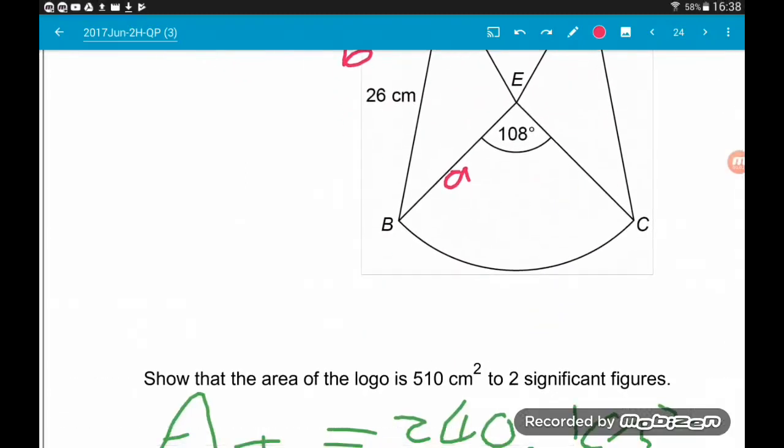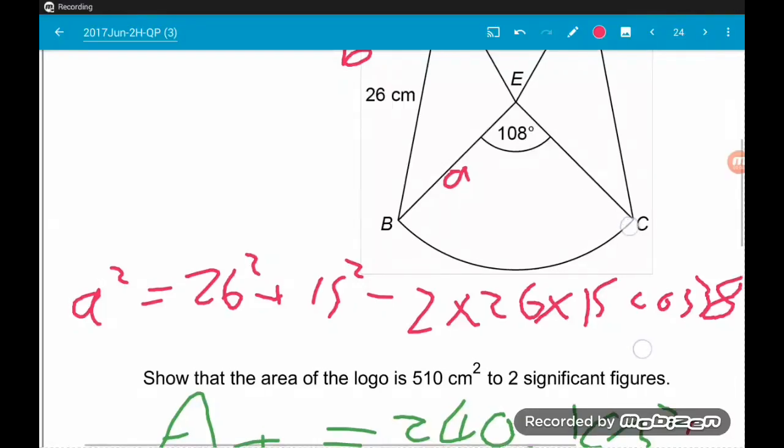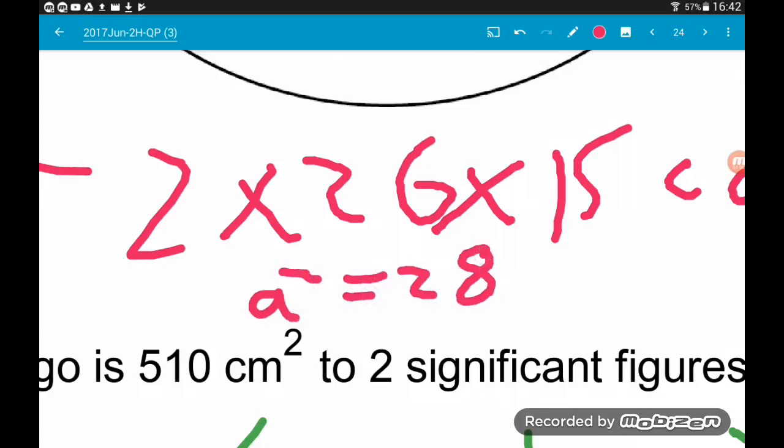So if we substitute our numbers in, let's go down here where we have more room, a squared equals 26 squared add 15 squared minus 2 times 26 times 15 cos of 38. So if we put that into our calculators, we get a squared is 286.4.